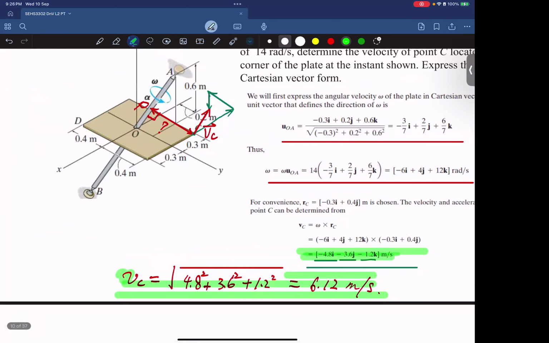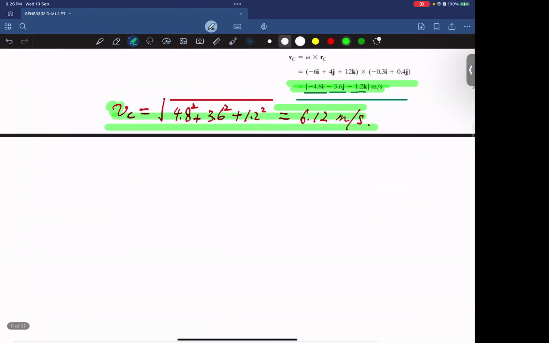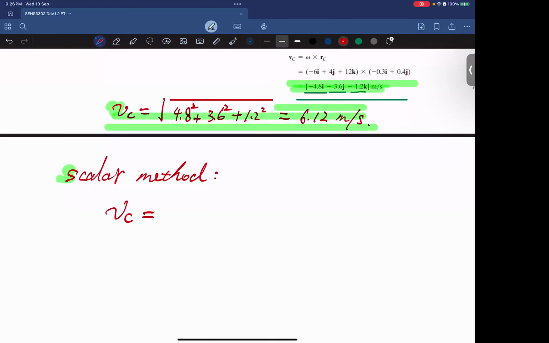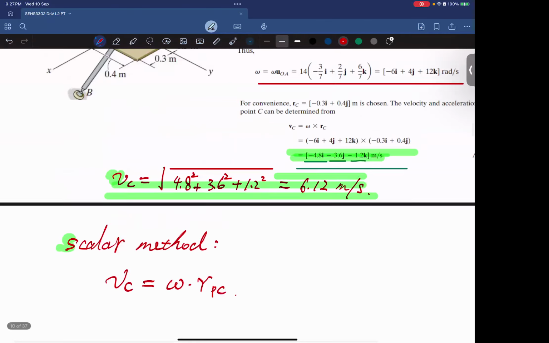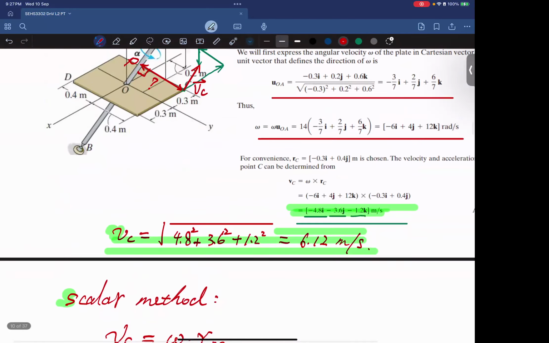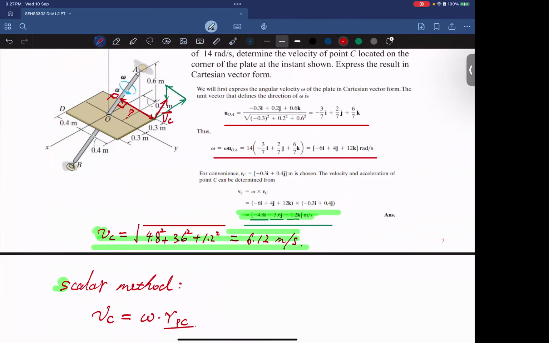CP is actually the shortest distance, which means in scalar method, we know VC actually equals omega times RPC. And what I ask about is RPC's value, right? What is the distance from P to C?